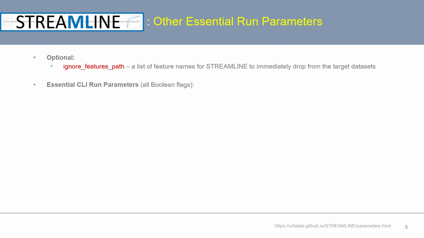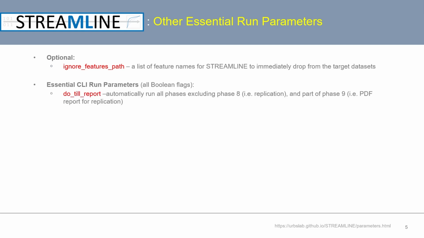Other essential run parameters that are specific to command line interface run modes include a set of Boolean flags that turn on or off different phases of the pipeline. DoTillReport is a flag indicating that all phases should be run, excluding phase 8 replication and the part of phase 9 that creates a report for replication analysis.